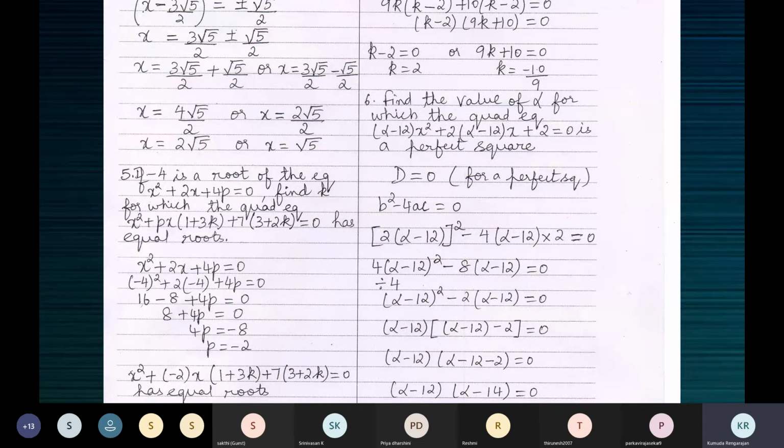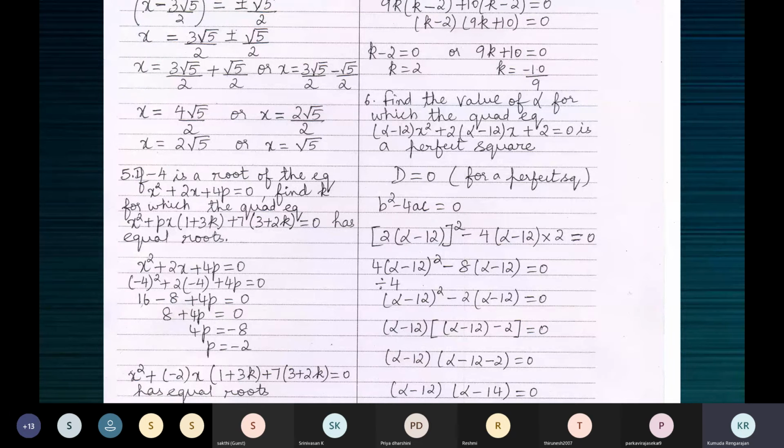Now in question number 6, find the value of alpha for which the given quadratic equation is a perfect square. It's given that the quadratic equation is a perfect square. So you know one thing for sure. You need some condition to work with. That's why we are writing D is 0.